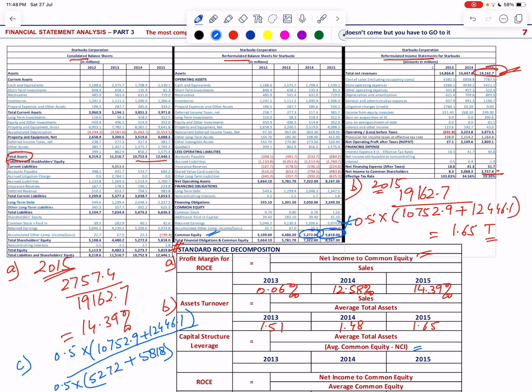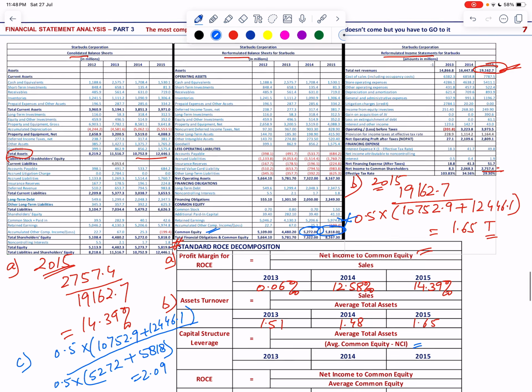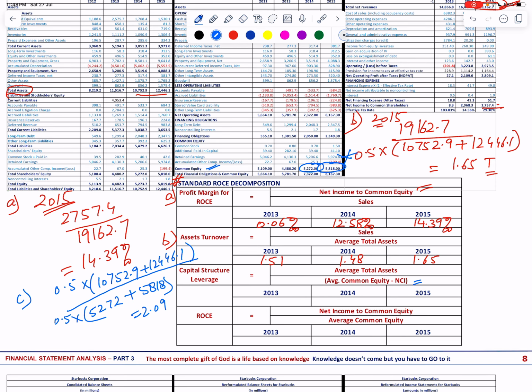This will be equal to 2.09. So for the capital leverage, for the year 2015, it is 2.09. You can calculate the same way for 2014, 2.28, and 2013, 2.06.